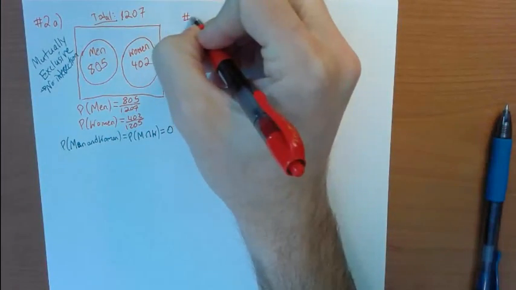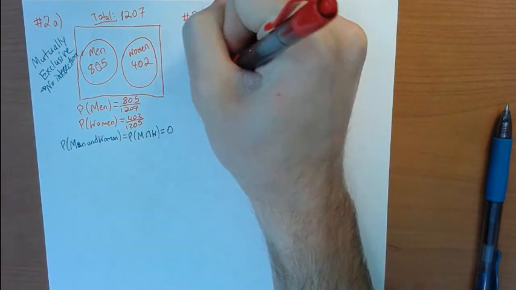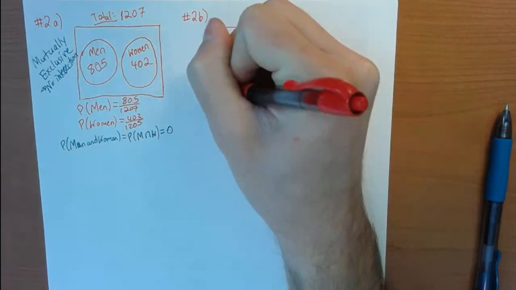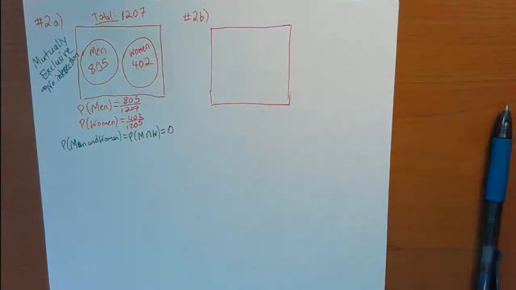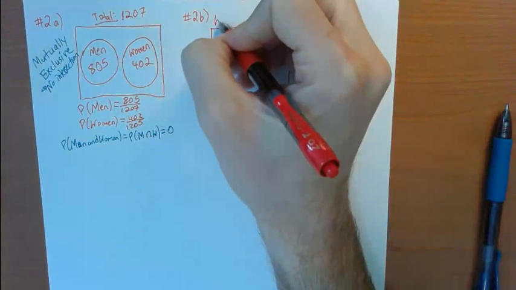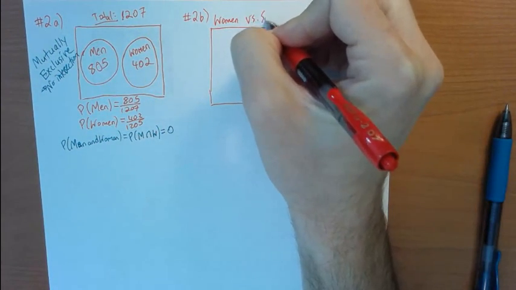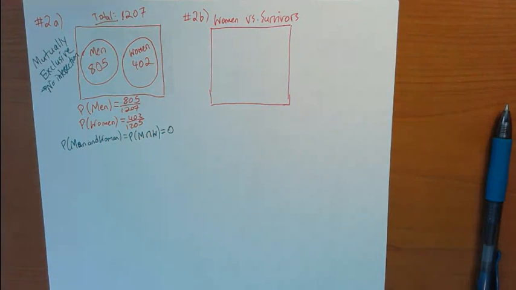Moving on to number 2B. So our new Venn diagram is going to be a little bit trickier. So make sure you have your table in front of you for us to do this. So our new one is going to be the number of women versus the number of survivors in this situation.